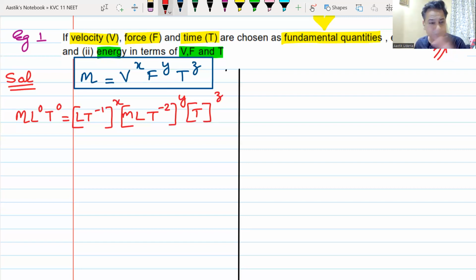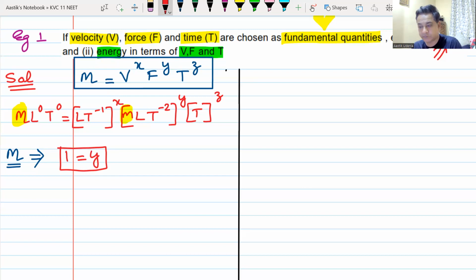We just now equate the coefficients on both sides. The coefficient of M, the yellow one: on the left hand side we have 1, and on the right hand side we have Y. So 1 becomes equal to Y. We go next to L. We look at the dimensions of L. On the left hand side, we can see there is nothing.